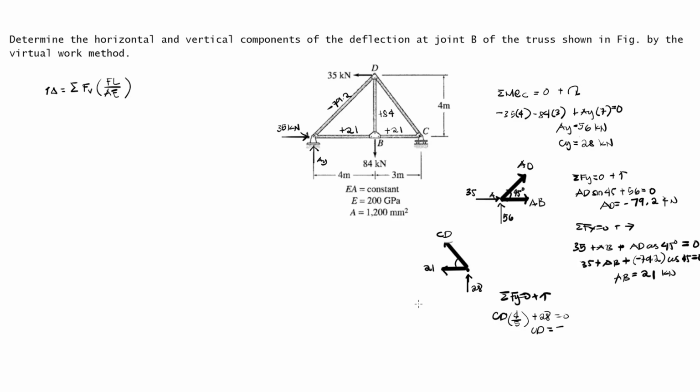So, 35. Okay, negative 35 kilonewton ang ating CD. Okay? So, pwede natin ilagay dito, negative 35. Okay? So, kompleto na tayo sa actual member force.